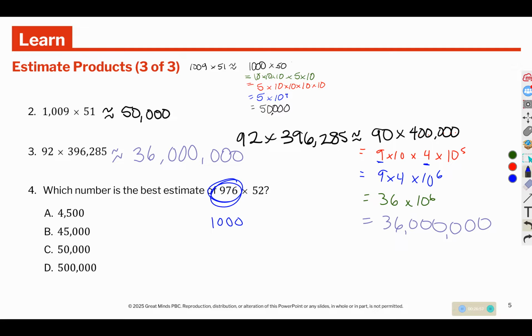That rounded up. So I'd like to round this one down so they kind of counteract each other. 52 rounded down would be about 50. So 1 times 5 is 5. And then I have 1, 2, 3, 4 zeros behind it. So the closest approximation would be C, 50,000.